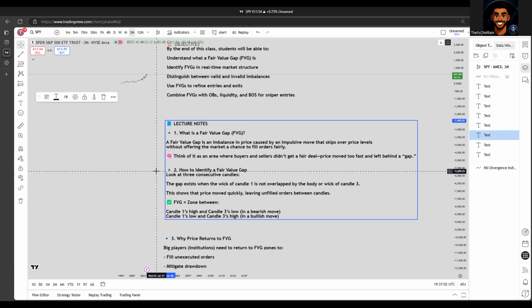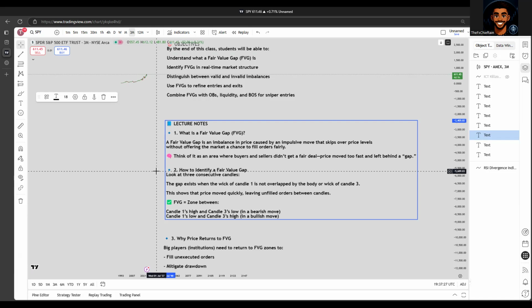Because there must always be a fair market between the buyers and sellers. But most times price spikes up aggressively, and it skips price level over price level, just like we see here. Think of it as an area where buyers and sellers did not get a fair deal. Price moved too fast and left behind a gap.